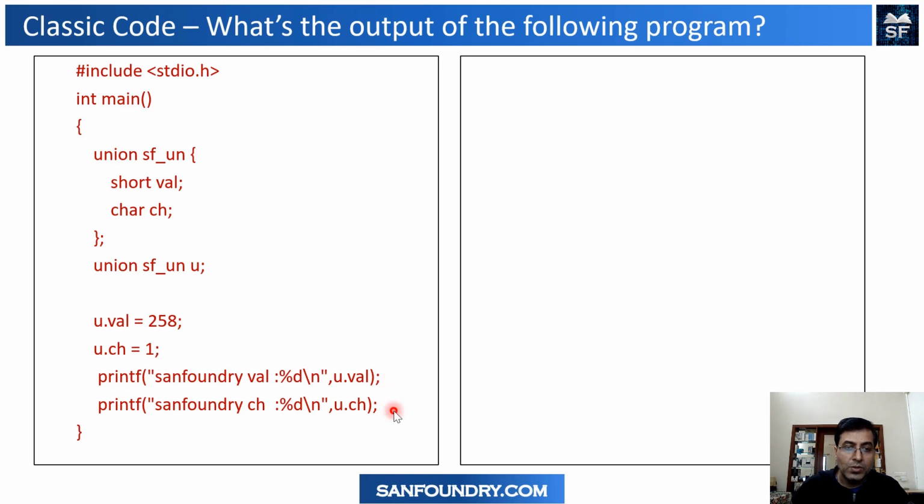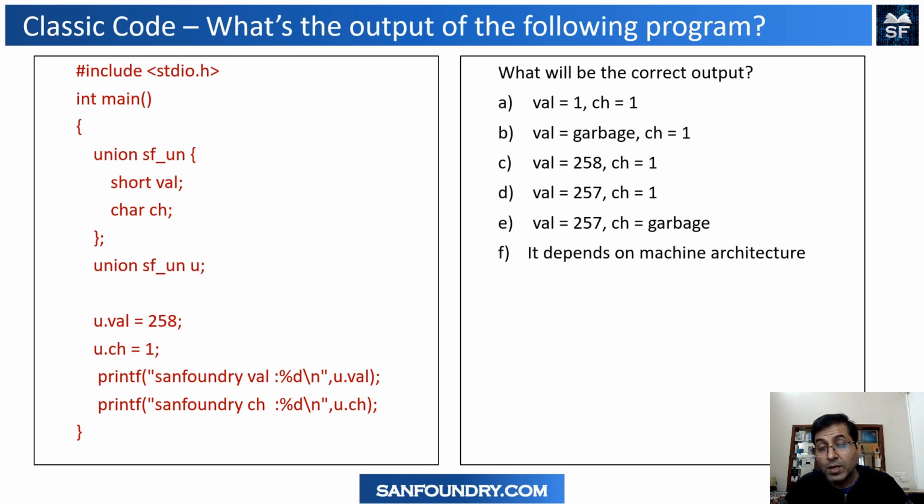You can pause the video for 2 minutes and really try to arrive at the answer. If it matches with what you wanted to see as the correct answer, it means you have a very good understanding of the union. So what will be the correct output?